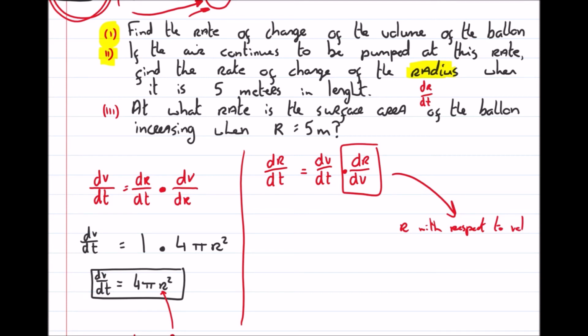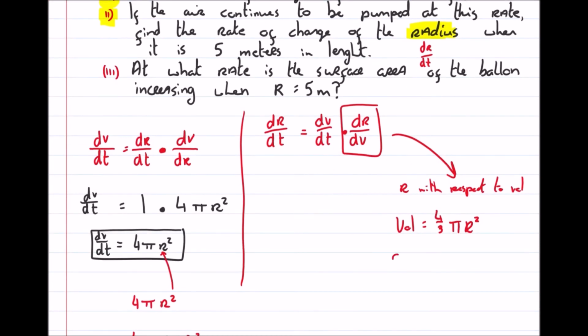Okay, so have I a formula that will give me the radius with respect to the volume? Volume equals 4/3 pi r cubed. Right.